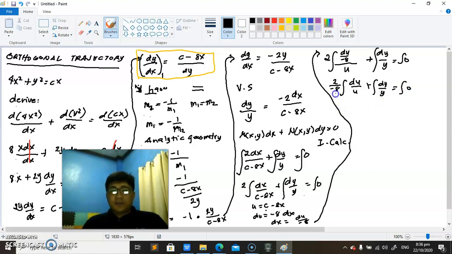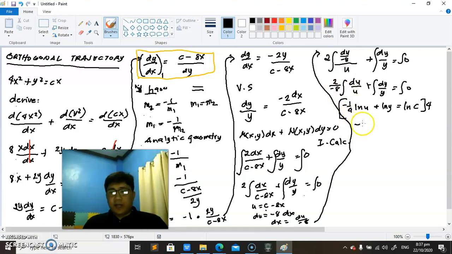Simplifying this one, this is negative 1/4. So we have ln of u plus the integral of dy over y, that is ln of y. To be easier, we make this constant ln c. We can multiply by 4 so that there is no fraction.